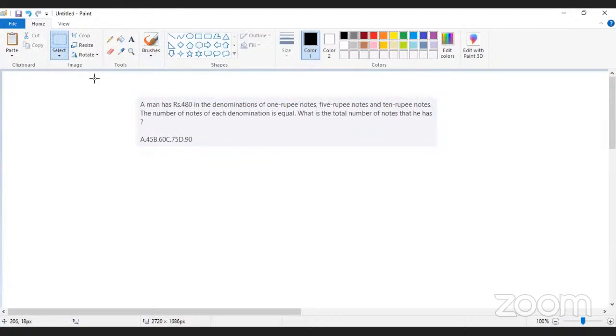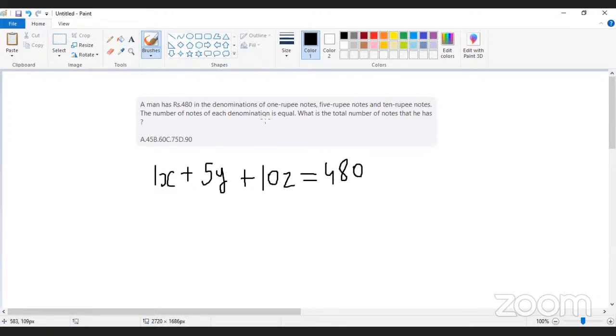So let me take 1 rupee as X, and 5 rupees as an amount to be multiplied, and 10 rupees as an amount to be multiplied. If I add them with these denominations, how much should I get? 480, right?